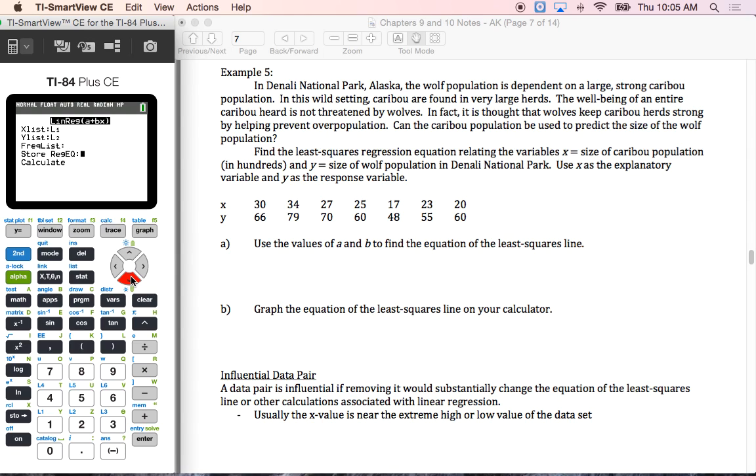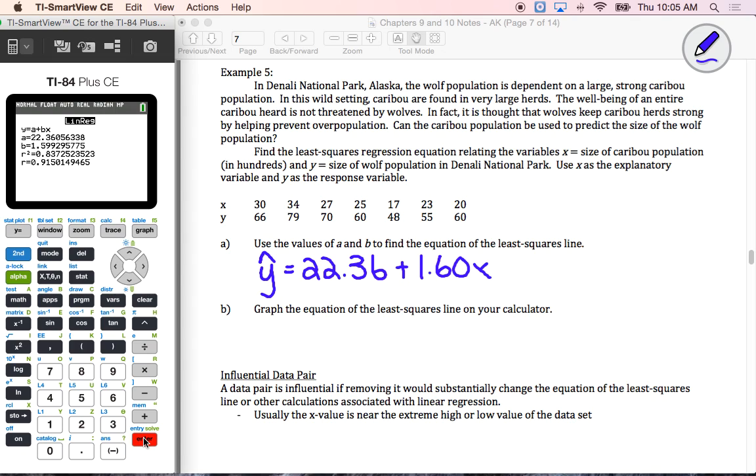L1, L2 have to be your x and your y, and then calculate. So our A then is 22.36. And then our B is about 1.60, so we have to round it.